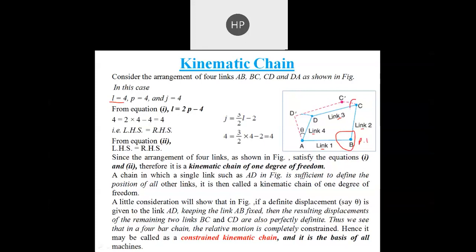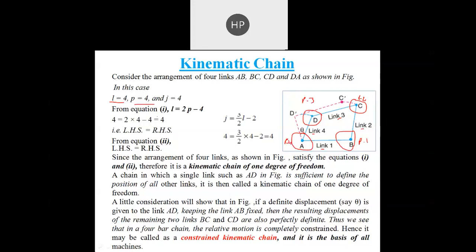Then link 2 and link 3 are connected, it is pair 2. Then link 3 and link 4 are connected, it is pair 3. And link 4 and link 1 are connected, it is pair 4. So here we have a total of 4 pairs.